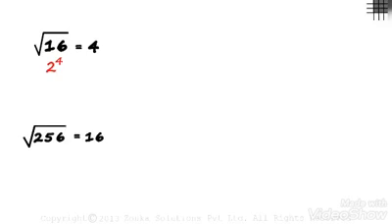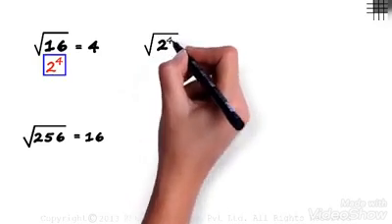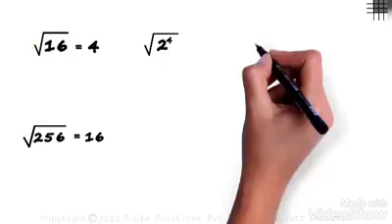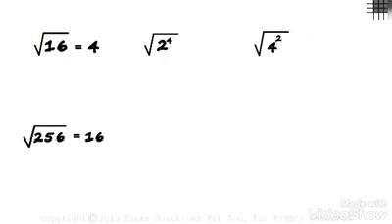So the square root of 16 can be written as the square root of 2 raised to 4. It's the same thing as the square root of 16. Can it be written in some other way? Yes, it can also be written as square root of 4 raised to 2. We just wrote 16 in two different ways, 2 raised to 4 and 4 raised to 2.